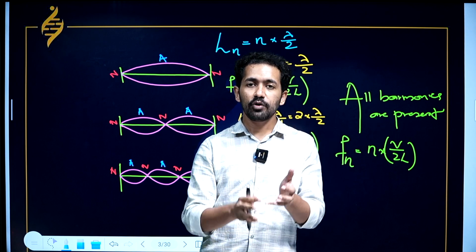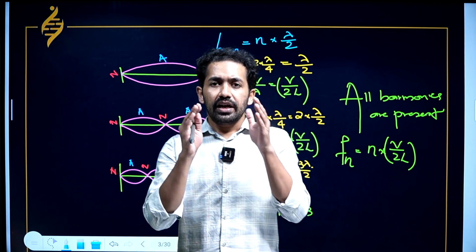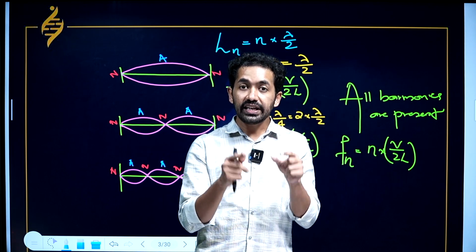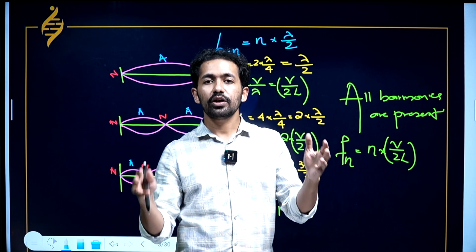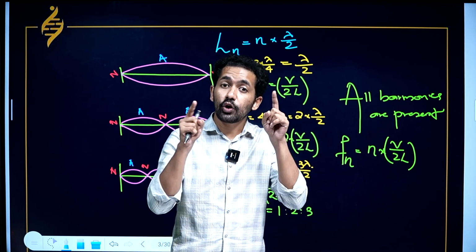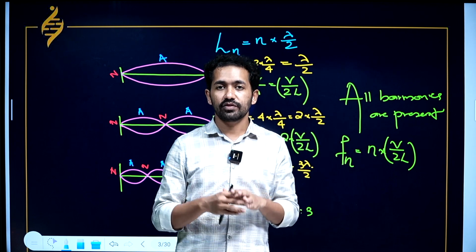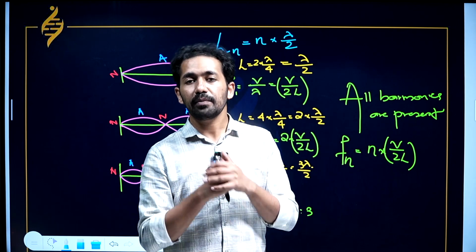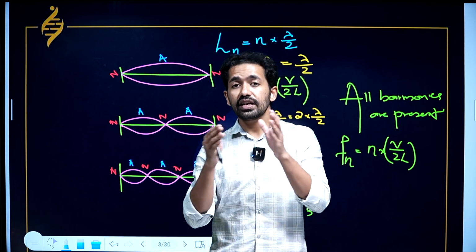So we are just thinking about a closed pipe, an open pipe and a string. See, an open pipe and a string are almost similar. The only difference is that in the case of a string, number of nodes is equal to number of antinodes plus 1. But in the case of an open pipe, number of antinodes is equal to number of nodes plus 1. And in the case of a closed pipe, number of nodes is equal to number of antinodes. Now what was the general equation for string as well as open pipe?